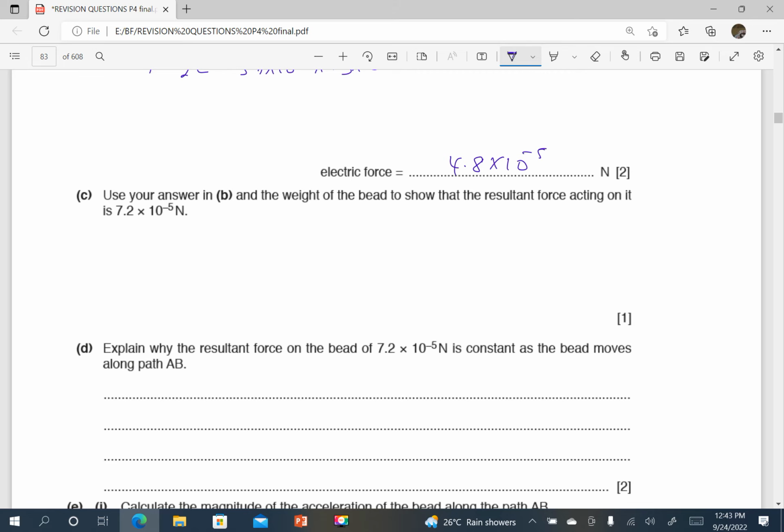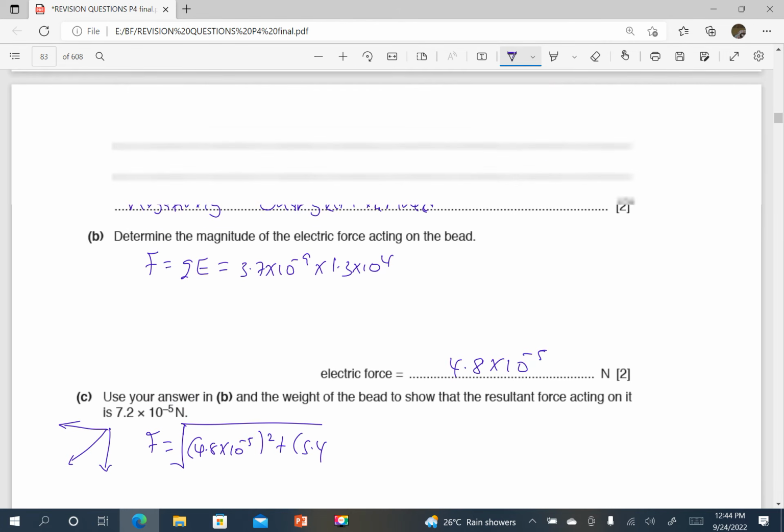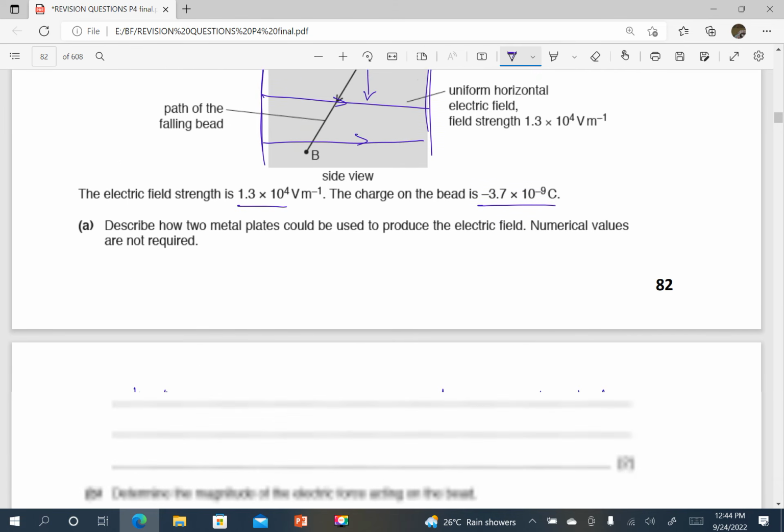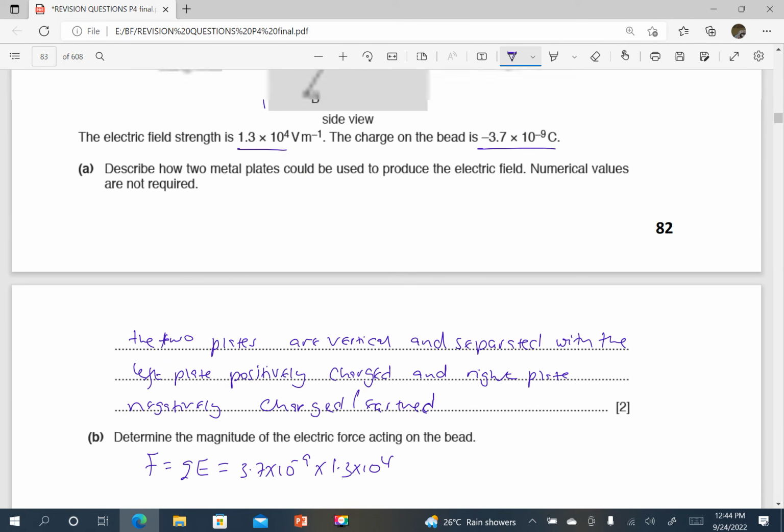Use your answer in B and the weight of the bead to show that the resultant force acting on it is that. So the weight is vertically downwards, the electric force is in that direction, the resultant is there. So that is Pythagoras theorem. So the resultant force F is going to be the square root of 4.8 times 10 power negative 5 squared plus, 4.8 was the electric force.